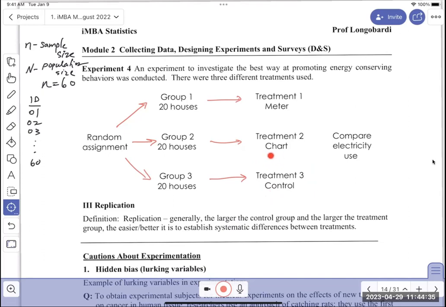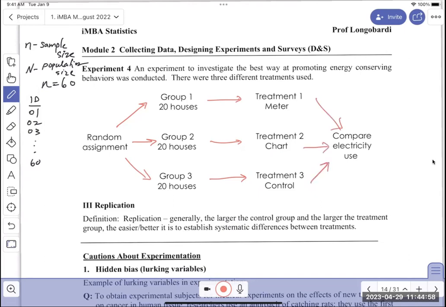I guess this one can have a meter reading, or else that'll be confounded. So the treatment one will be told the meter will be read randomly. Treatment 2 group will be told they have to record the meter reading, and treatment 3, well, they'll be told that they'll be informed at a later date, but they don't otherwise do anything. That's the best way to make sure that these treatments are separated.